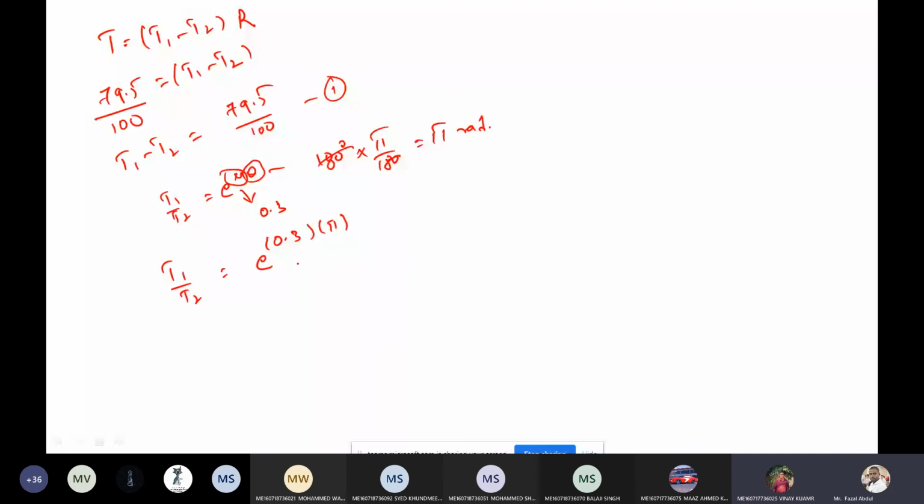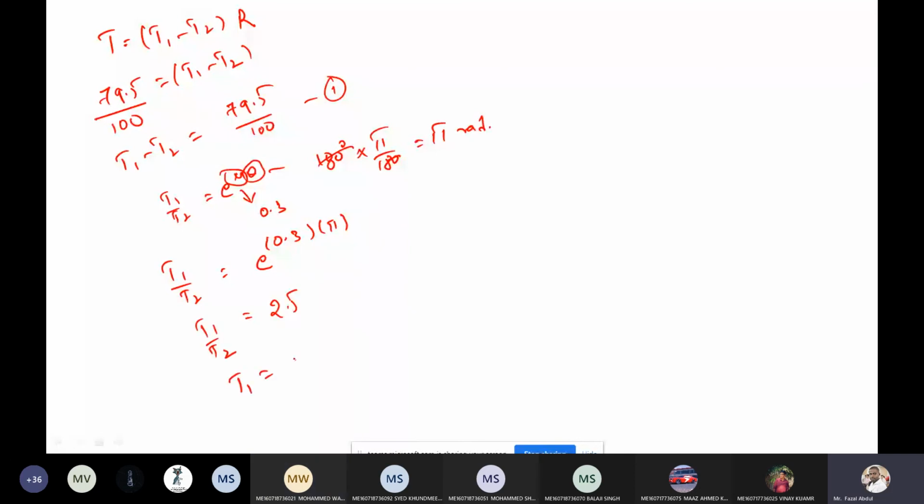So e to the power of 0.3 into pi is e to the power of 2.5. T1 by T2 is equal to 2.5.